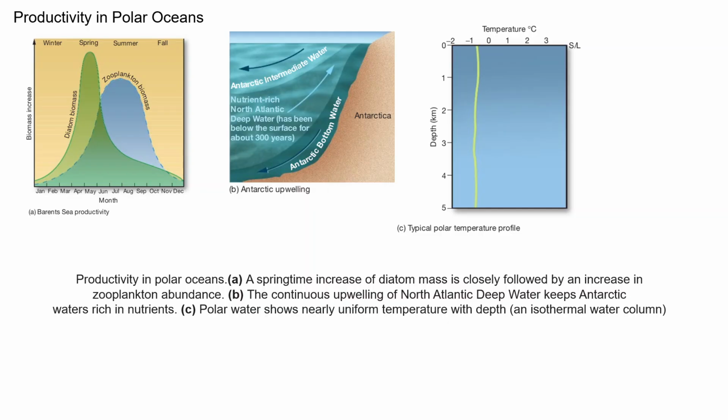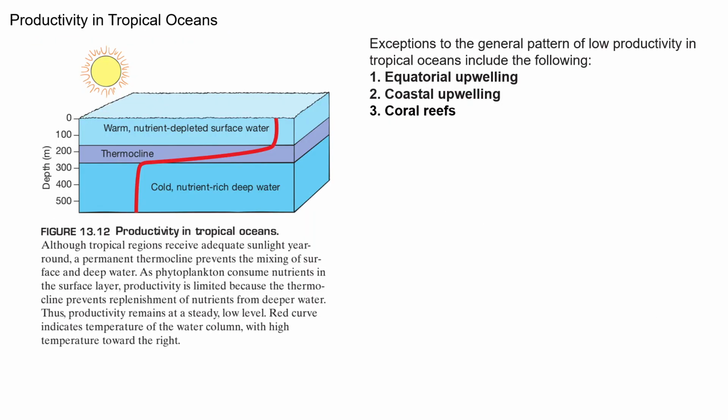I hope you understood. When we look at the tropical oceans, this is a difference. The tropical oceans have low productivity because there is a permanent thermocline. This does not allow the cold, nutrient rich deep water to mix freely with the warm, nutrient depleted surface.